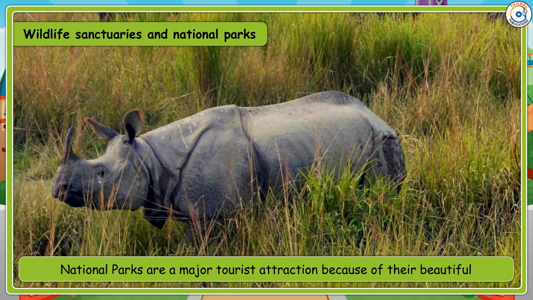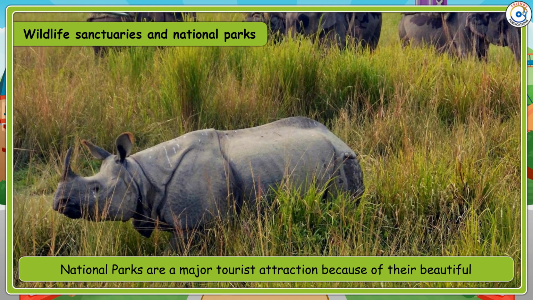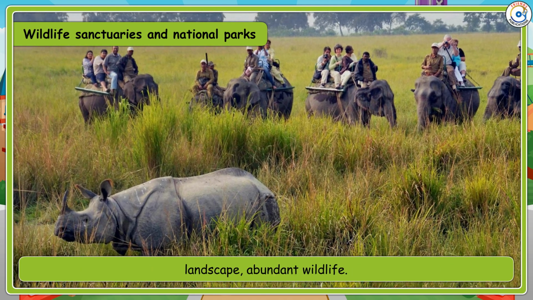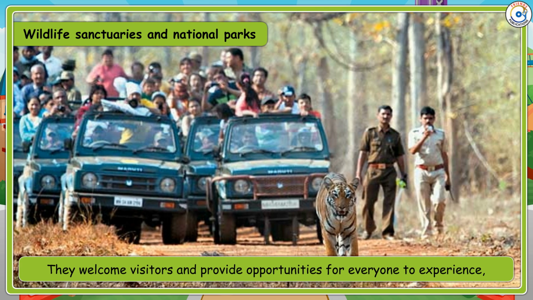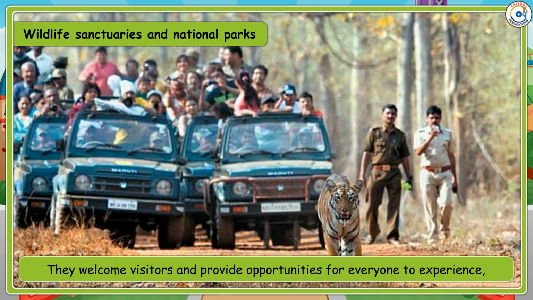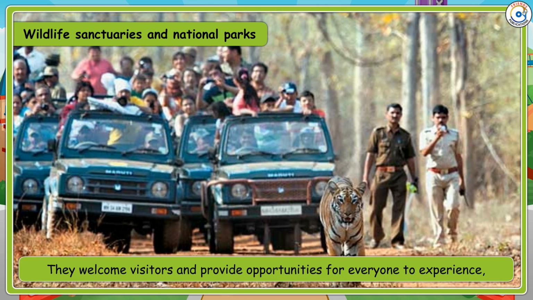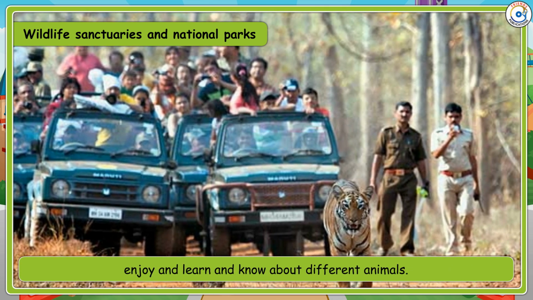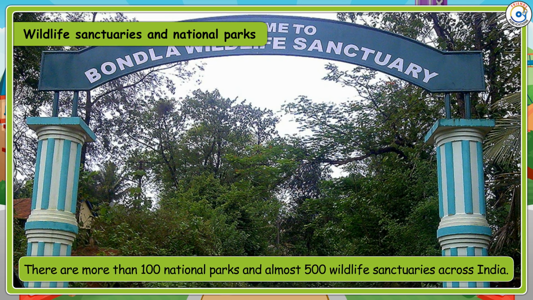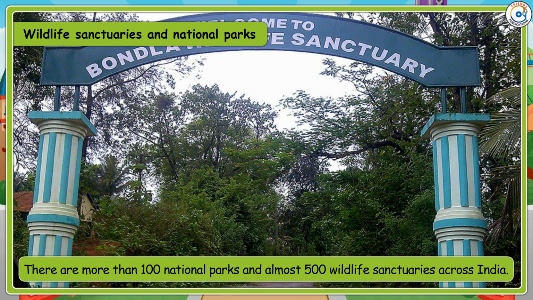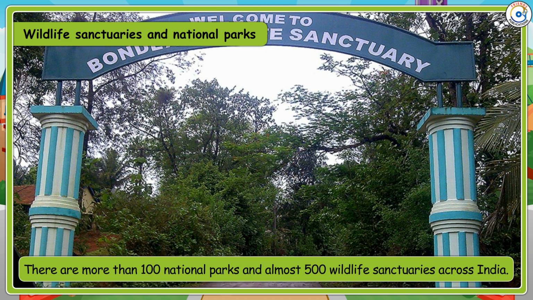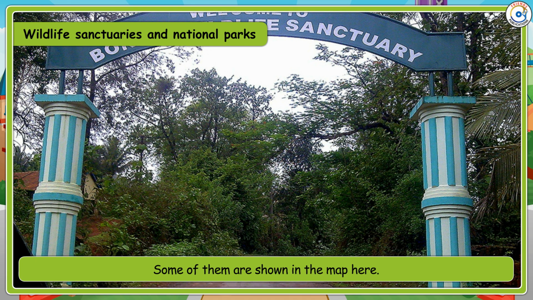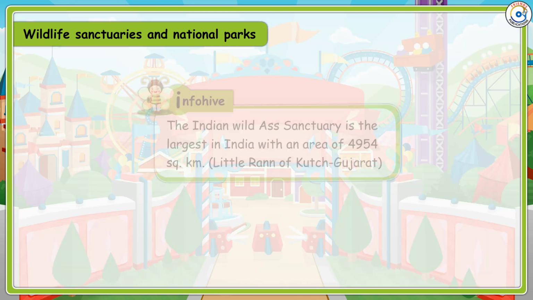National parks are a major tourist attraction because of their beautiful landscape and abundant wildlife. They welcome visitors and provide opportunities for everyone to experience, enjoy, and learn about different animals. There are more than 100 national parks and 500 wildlife sanctuaries across India. Some of them are shown in the map here.